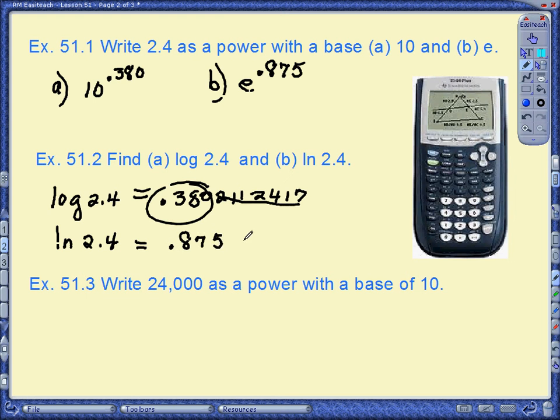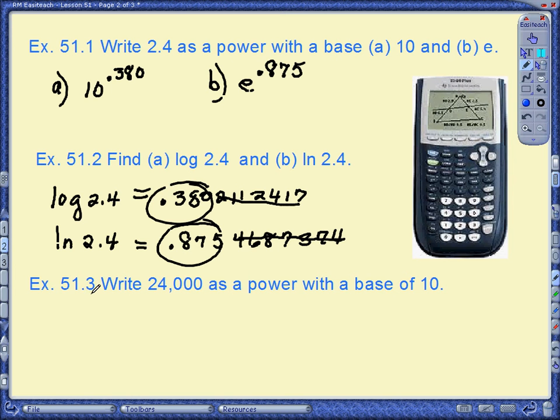So we have 0.87546873774. It rounds to 0.875, just like we have up here. And e to the 0.875 power will equal approximately 2.4.